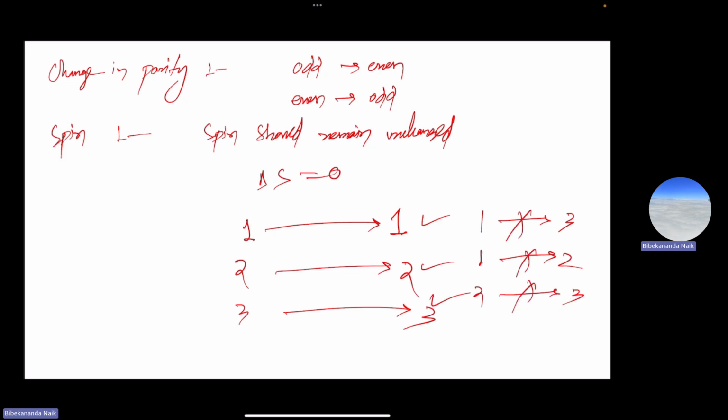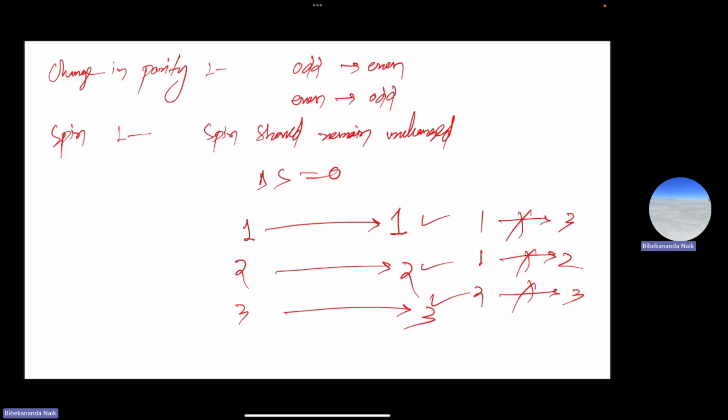So only the transitions in which the multiplicity remains fixed are allowed. So the spin orbit coupling is not involved here. There will be only the change in L and M, no change in S.